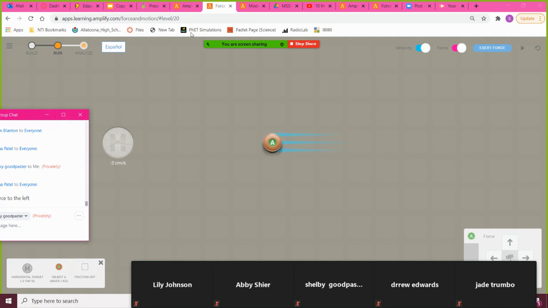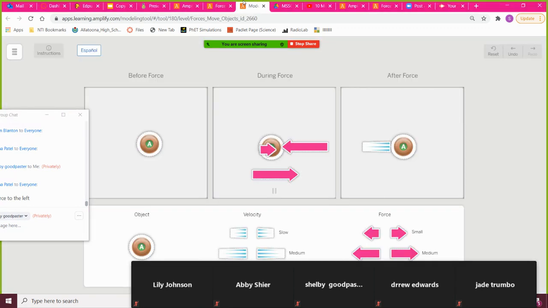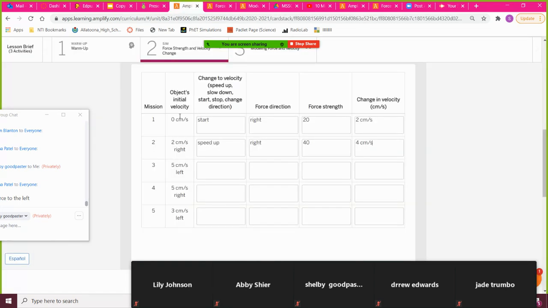If we're going at 5 centimeters per second to the left, the reason that this is negative is because it's going in the other direction. So actually do not worry about the negative right now. We will look at that a little bit later, but the reason that it is negative is because that means it is going to the left. If it's a positive number in this simulation, it means it's going to the right. So don't worry too much about the negative.